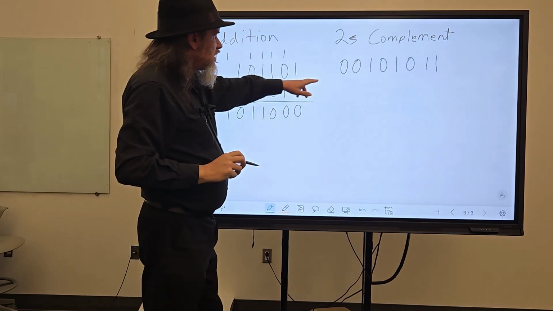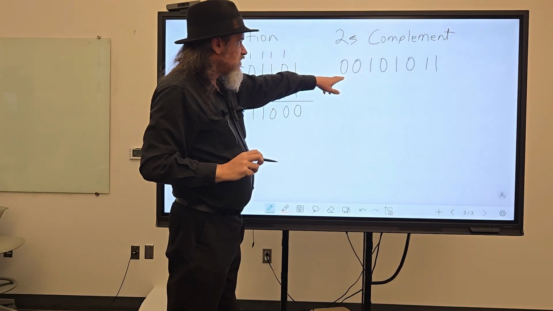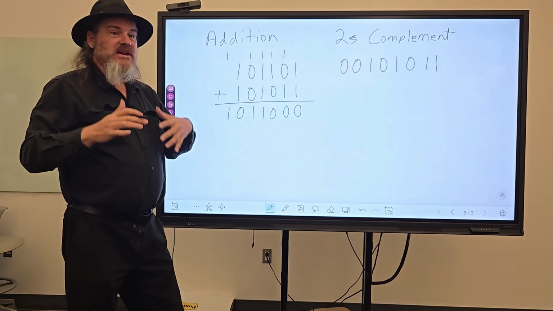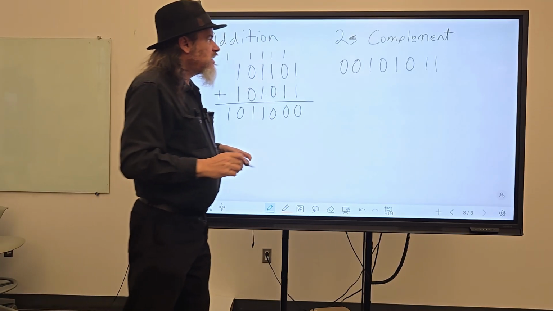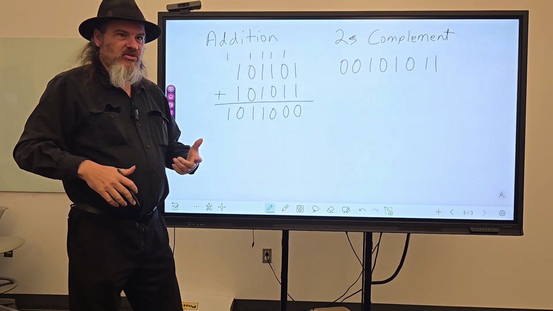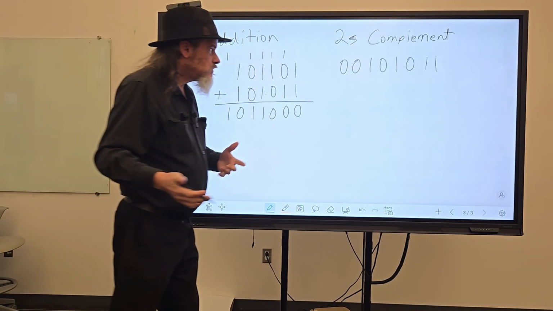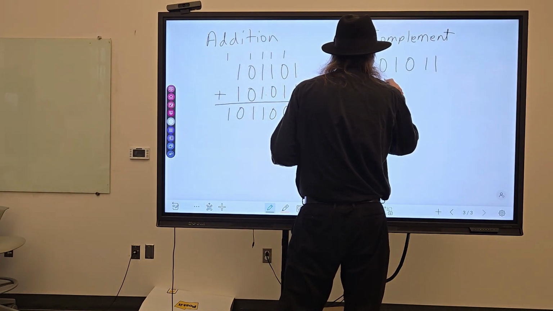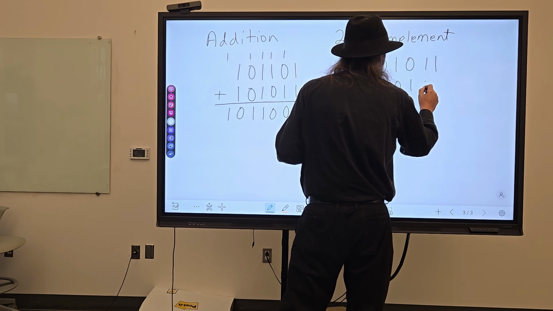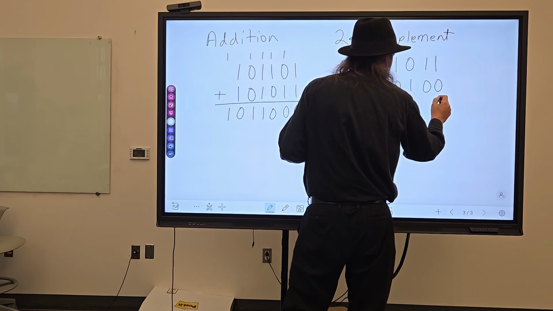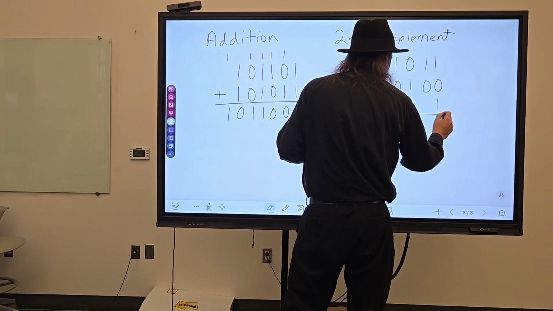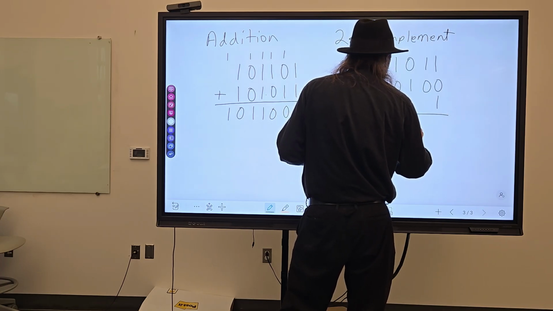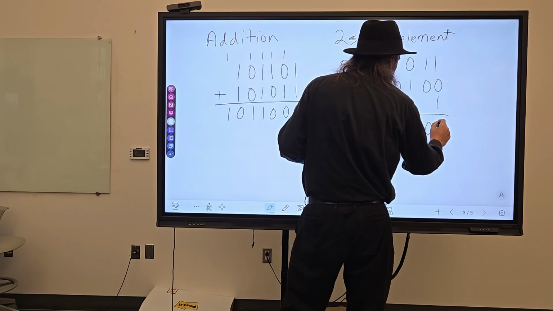The leading zero here indicates that this is a positive number. To make it a negative number, you invert all the bits and add 1. So invert the bits and then add 1. So 1 1 0 1 0 1 0 1.